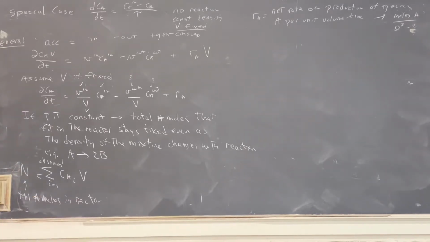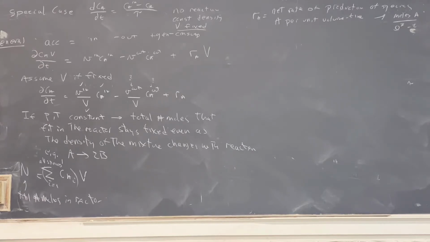And the total number of moles in the reactor doesn't change. So if I take the sum of the concentrations, that's moles per unit volume, multiply by the volume, I get the total moles in the reactor. So even though the CAs are changing with time, the sum of the CAs times V doesn't change.